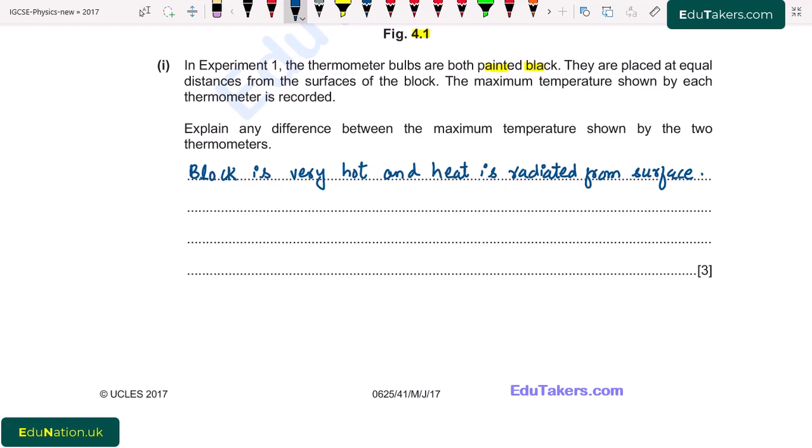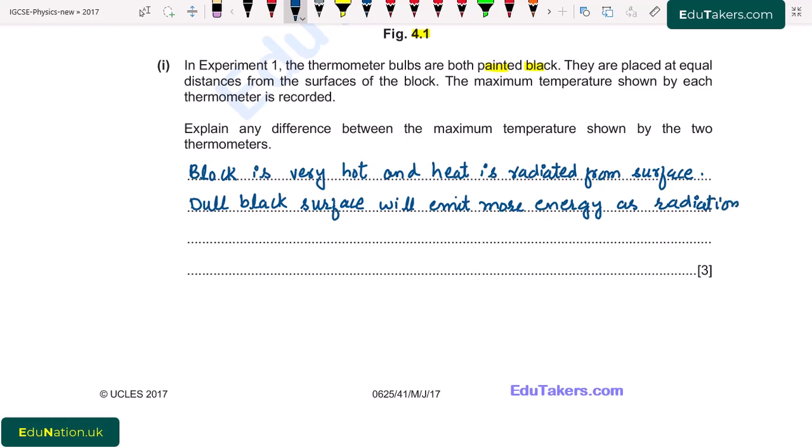Dull black surfaces will emit more energy as radiation, because the energy that is emitted here is in the form of radiation.